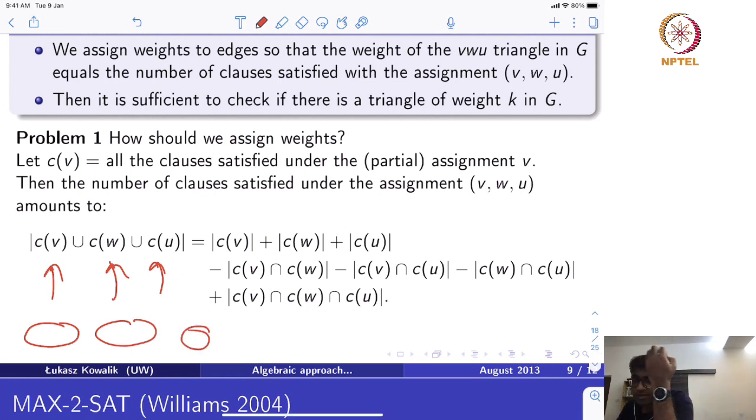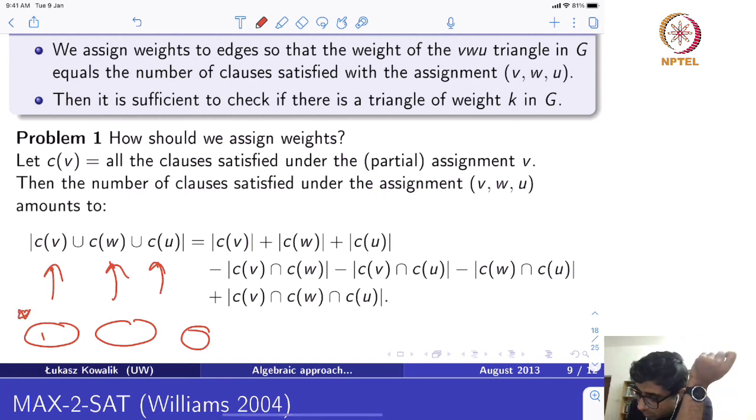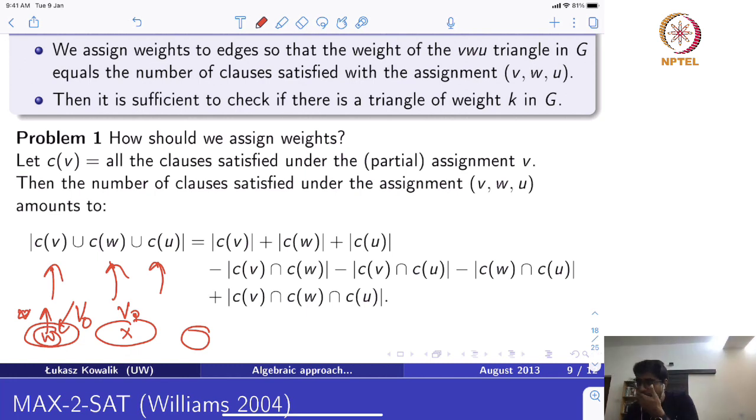right? So look at a clause which is in the set C_V. It means it is satisfied by some variable, it contains some variable which is contained inside V0. And I look at some assignment W. It means this clause is satisfied by some variable which is in V1, and then it also belongs to C_U.